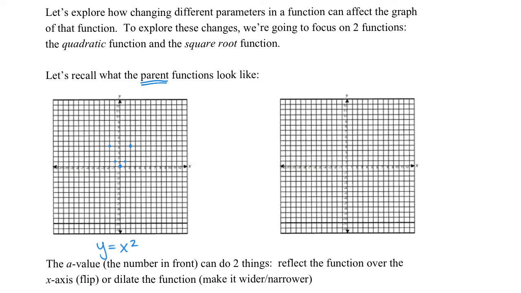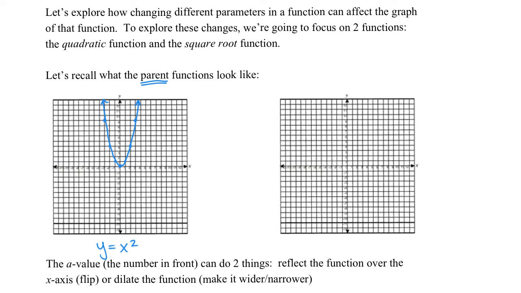We've got a point at (-1, 1) and (1, 1), points at (-2, 4) and (2, 4), and points at (-3, 9) and (3, 9). And here's what our basic parabola looks like, that nothing has happened to it yet. It's just the basic one.